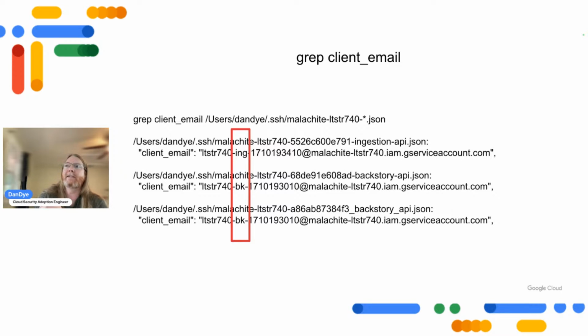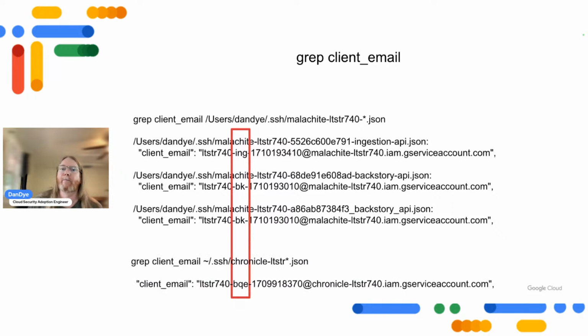I've appended ingestion API, backstory API, and then I have a duplicate service with backstory API using underscores below it. So that helps you to look from the file name itself, but looking inside the file, you can also get this information. The BigQuery service account credential also has the same clue. It has BQE in place of BK or ING.